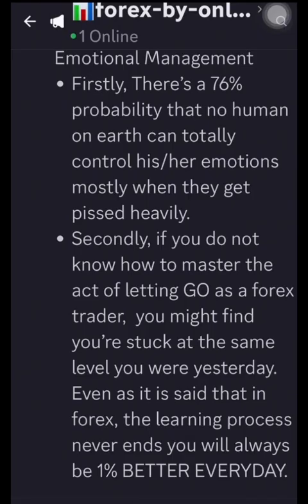But for you that is learning forex trading right now, note that yesterday is gone, but today is a new day, a new beginning. So you have to master the art of letting go. Don't just say that forex took my money yesterday, I'll stop. That's not even anything.